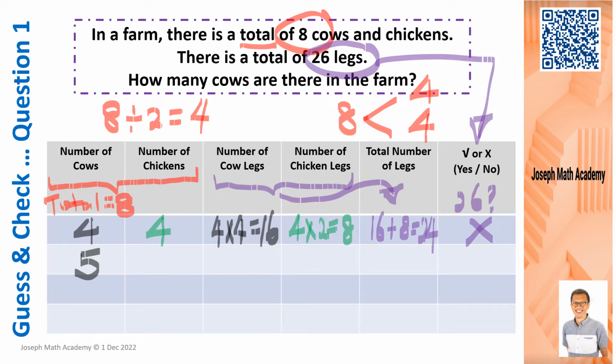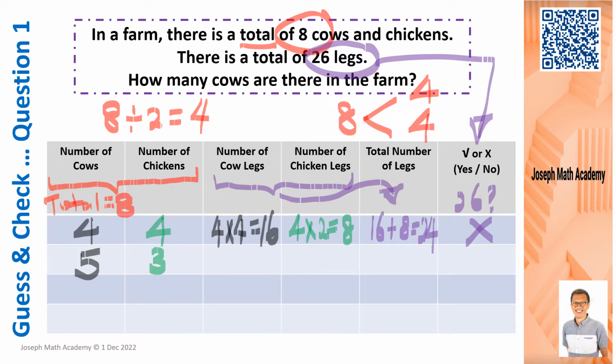So in our second guess, if we have 5 cows, then our chickens must only be 3. Why is that so? Because 5 plus 3 give us 8. We must always fulfill the total animals 8.